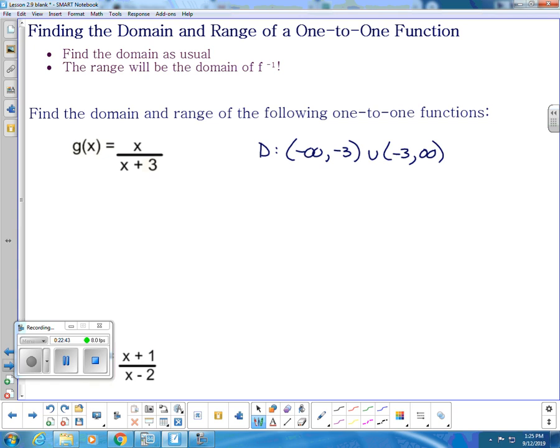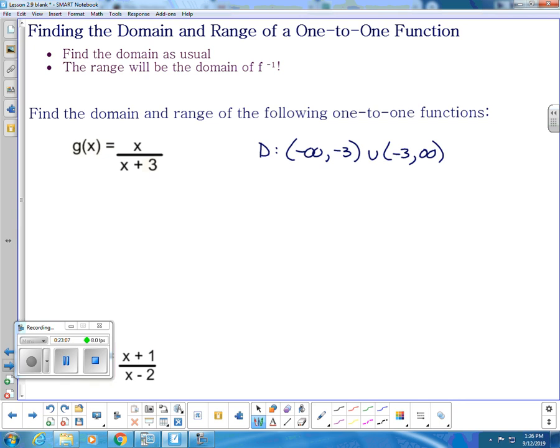Okay? Now, I know a secret. I'm willing to teach you at some point. It's a magic secret. But right now, we don't know how to do that. But I do know that the inverse's domain and range will switch. So if I knew the inverse's domain, wouldn't that be this function's range?